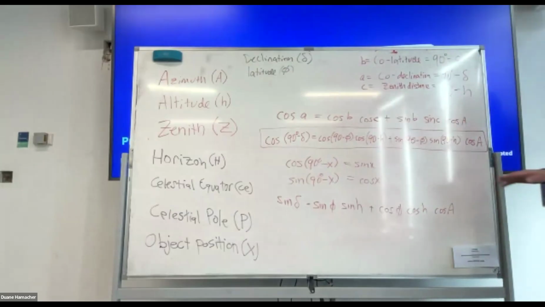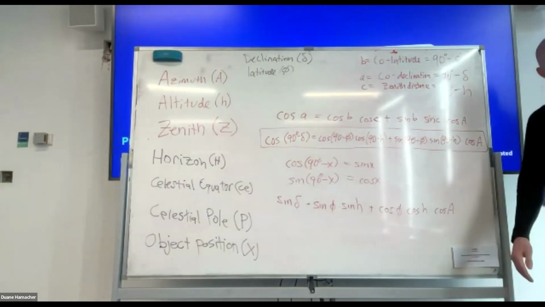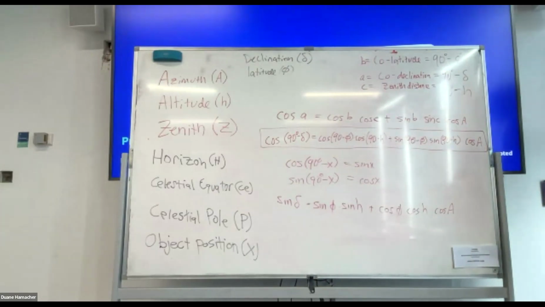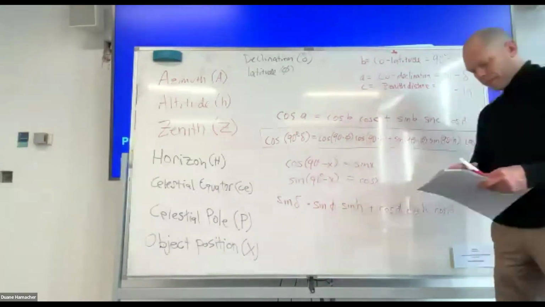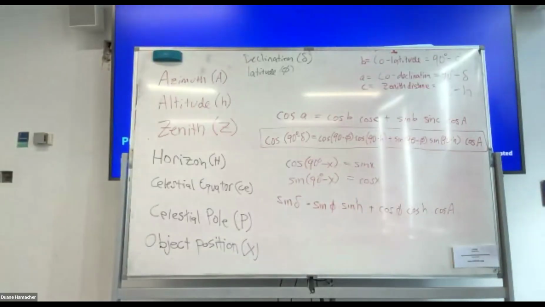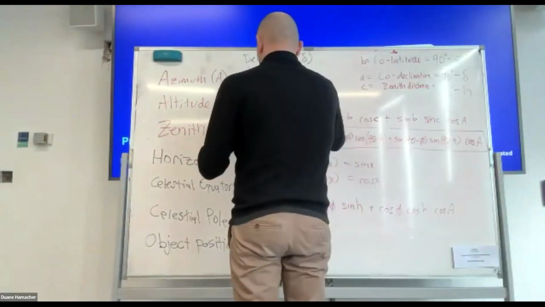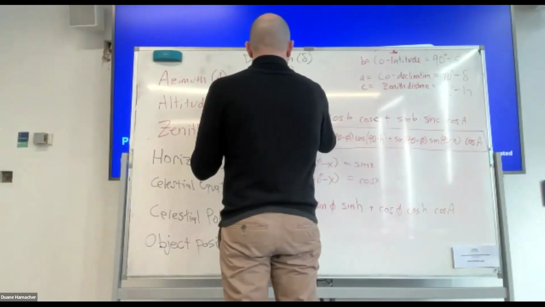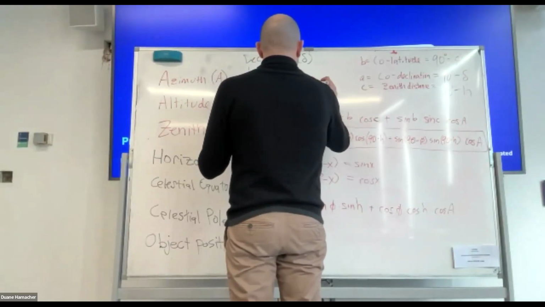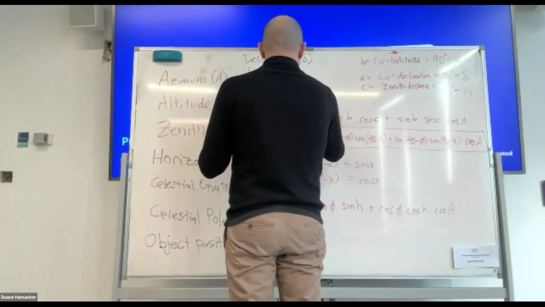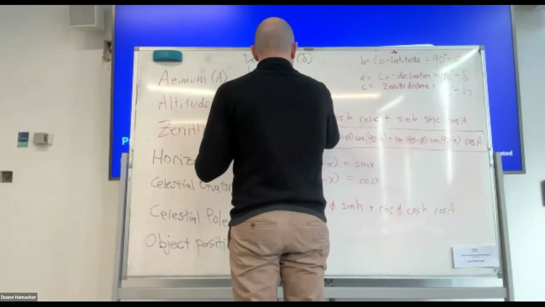So what do we have if we're looking at something at sea level? If our altitude is 0, we're looking at the horizon. What happens to this term? It's 0, because sine of 0 is equal to 0 and cosine of 0 is equal to 1.